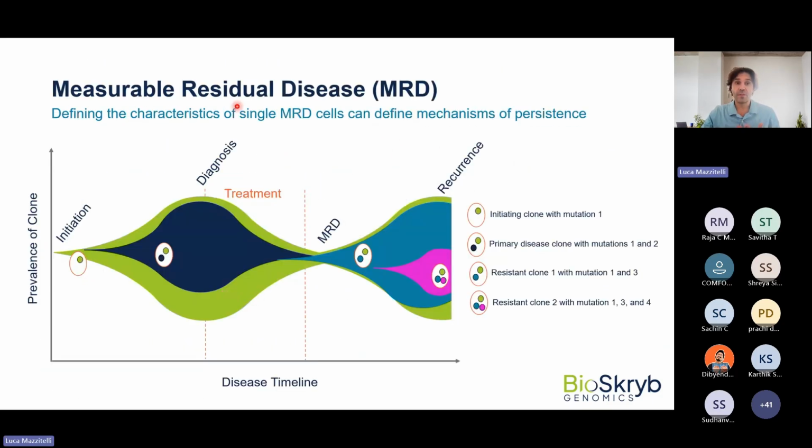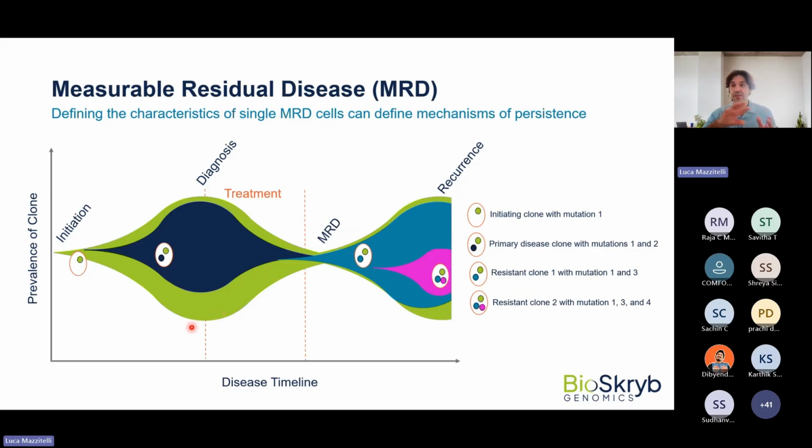Measurable residual disease is also a field where researchers are applying the use of PTA. We know that a single clone can evolve into invasive cells even after treatment. So this can ultimately lead to the development of life-threatening tumors.